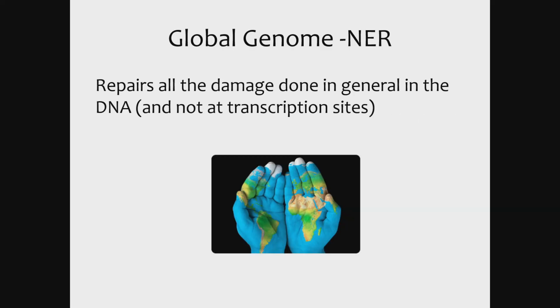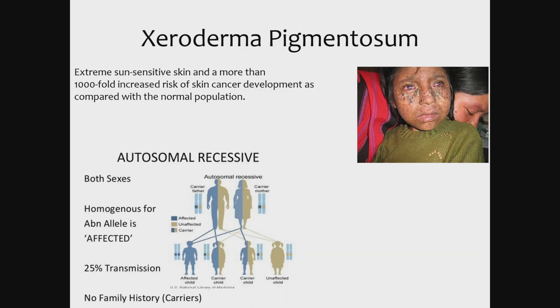So we'll first go to the global genome NER, that will recognize everything globally. And this is a picture of a kid with xeroderma pigmentosum. And the thing is that we can have mutations in several genes that are part of this pathway. And any of these will be complementary because we don't manage to repair correctly to get xeroderma pigmentosum.